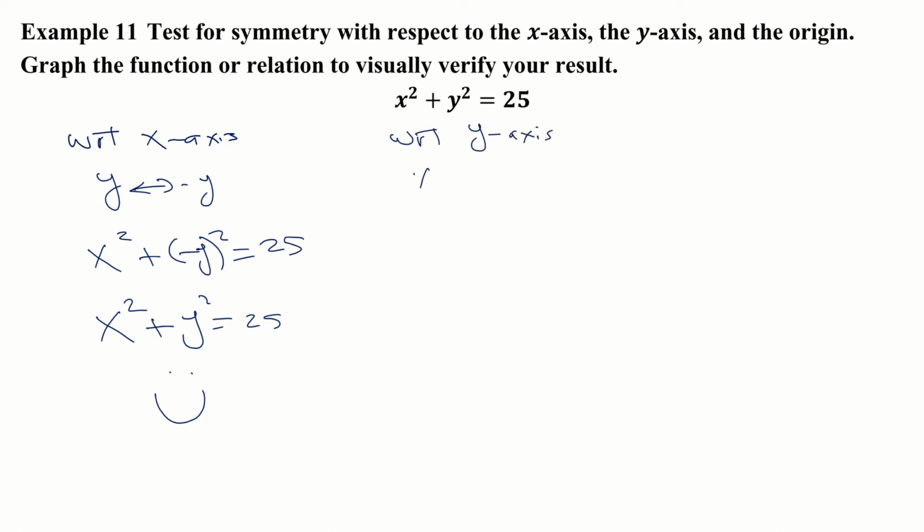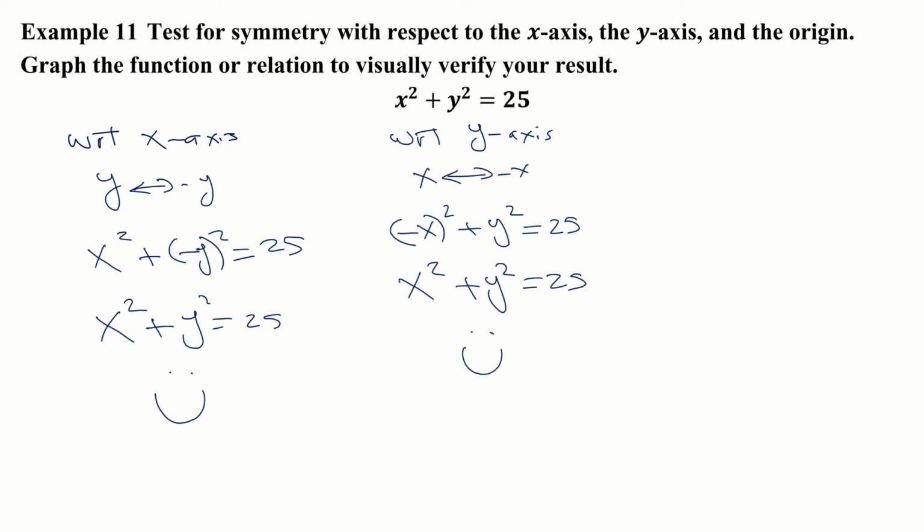We replace x with negative x. And we get quantity negative x squared plus y squared equals 25. So x squared plus y squared equals 25. Once again, we got back to the original equation. So yes, it has symmetry with respect to the y-axis as expected.